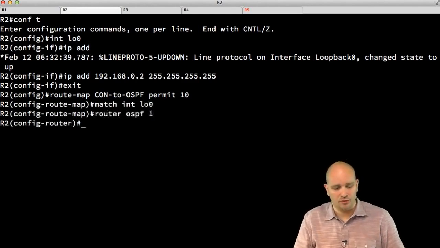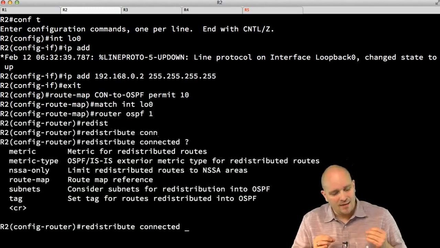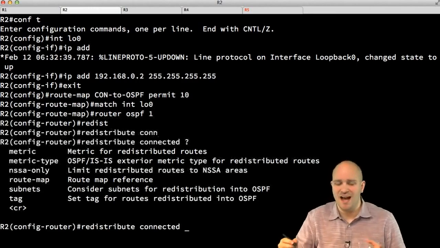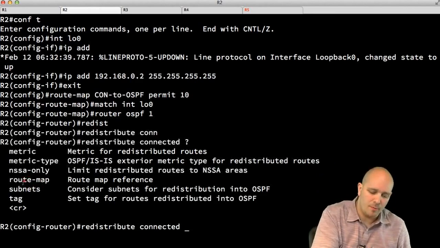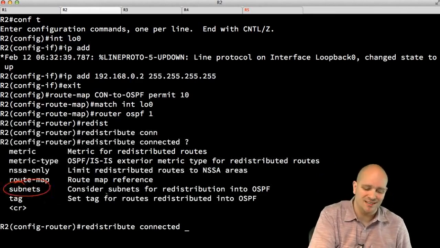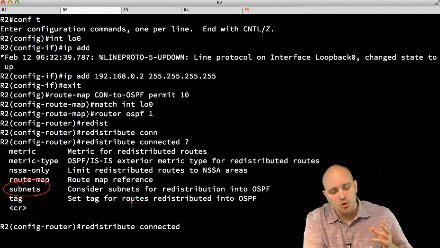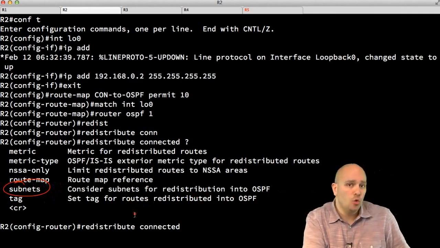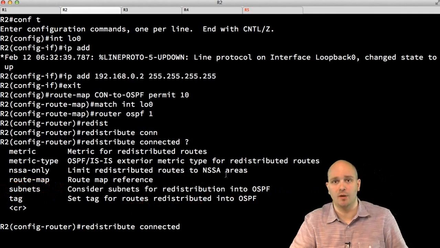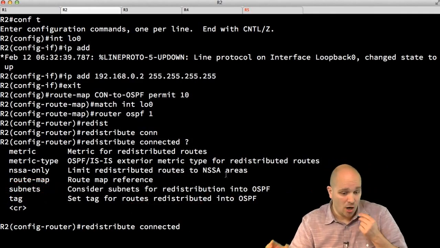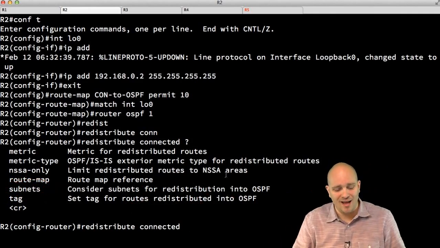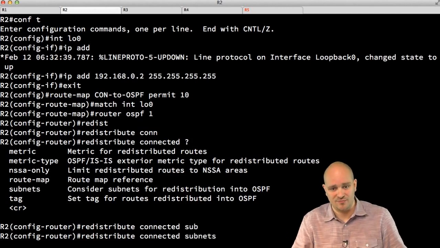Then I'm going to go to router OSPF 1, and I'm going to say redistribute connected. And for OSPF in IOS, it's important to remember that you do want to use the subnets keyword. If you don't use the subnets keyword, you are going to be redistributing only classful networks from a particular routing source. In our case, the routing source is the connected routes, but we do want to redistribute the subnets of classful networks.